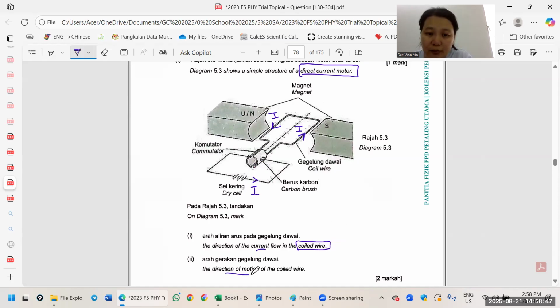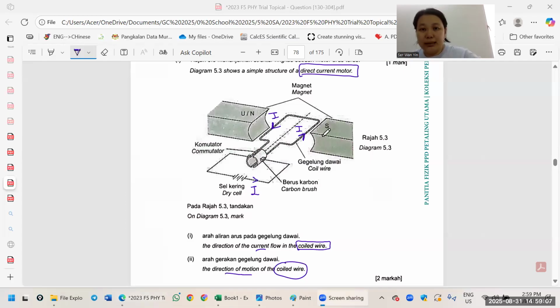Then the direction of motion of the coil wire. So how? Use your Fleming's left hand. Anyone still not sure? Later you stay back a while. I teach you. If you are sure, no need. Okay, clockwise or anti-clockwise?